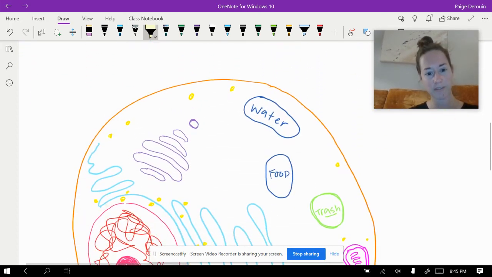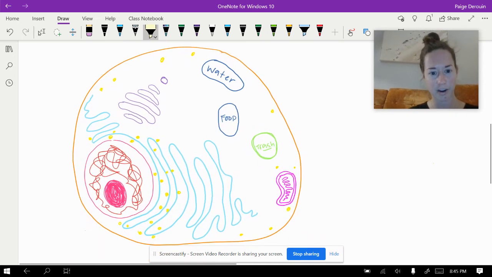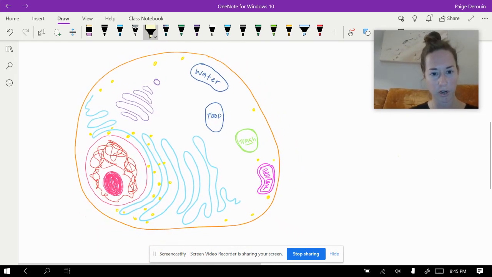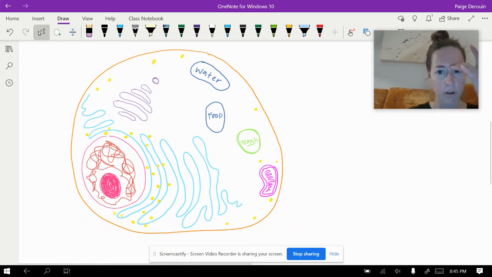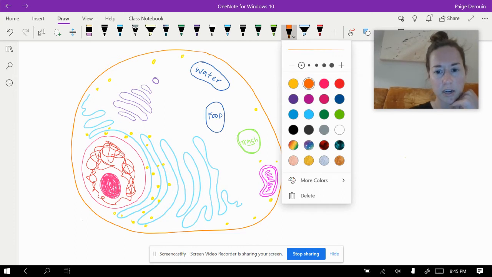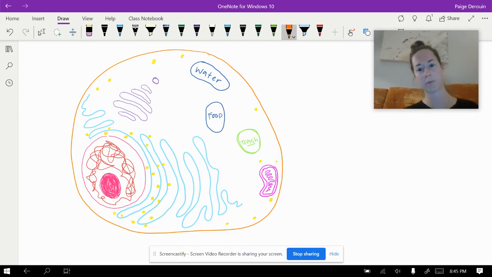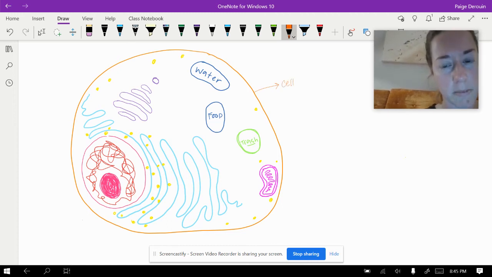So if you come down here, you have this 7th grade cell diagram that I've drawn for you, and we're going to go through it and label the different cell parts. We're going to start by talking about this line going around the outside, which is the cell membrane. It can also be called the plasma membrane.